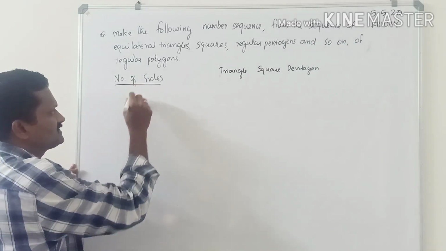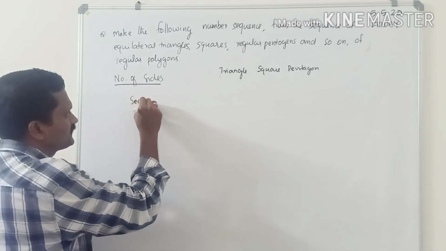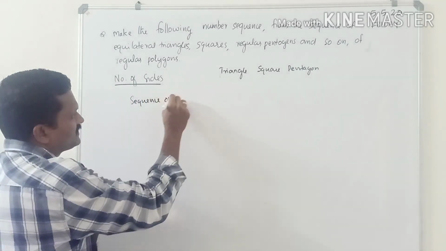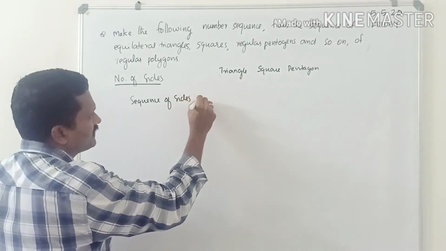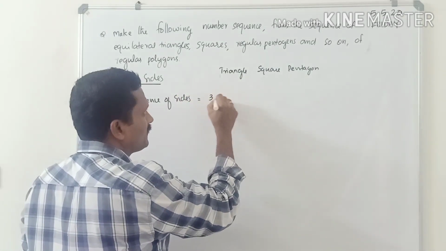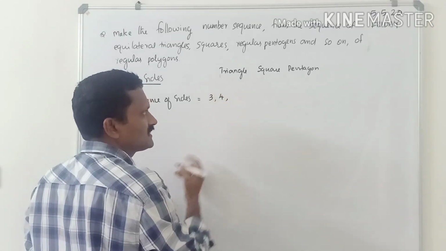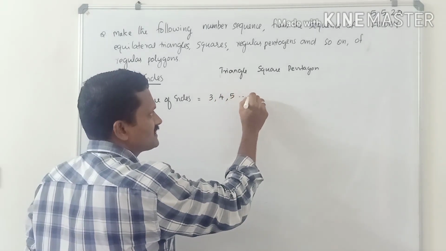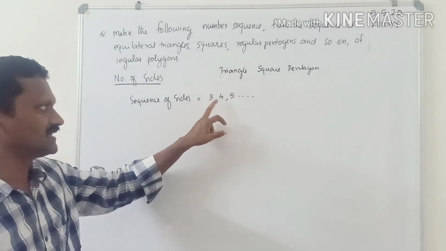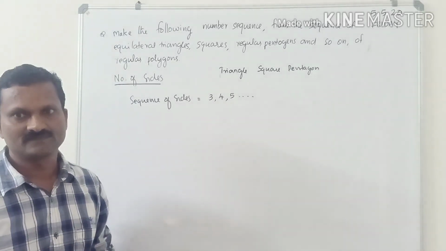So the sequence of sides is 3, 4, 5, etc.